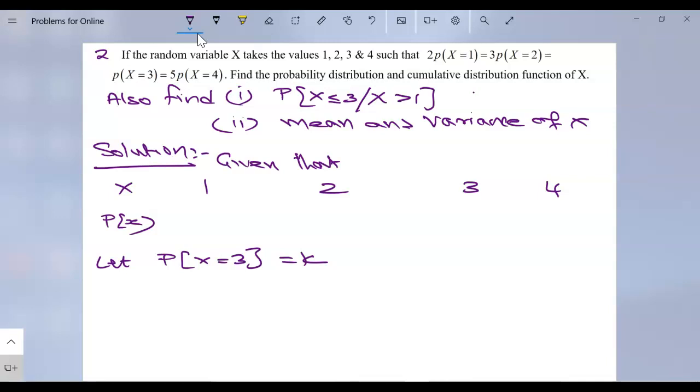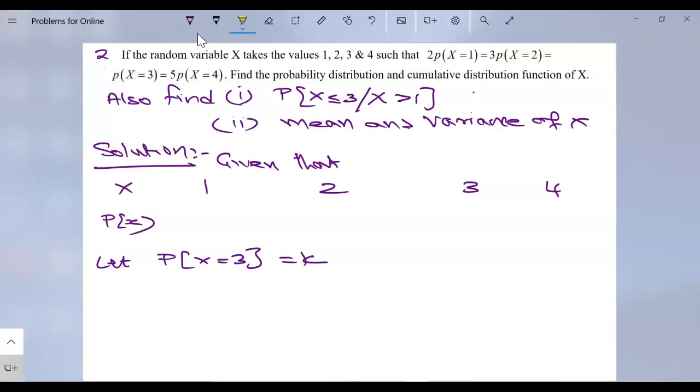You can name it b, a, anything. The convenience of choosing probability of X equal to 3 is that there is no coefficient in front of it. That's the reason I chose probability of X equal to 3 equal to k.